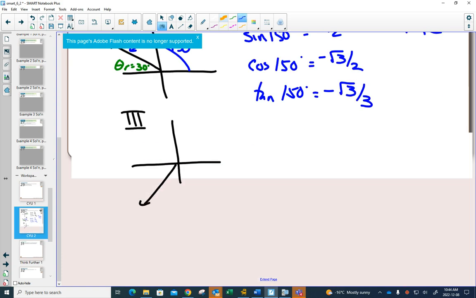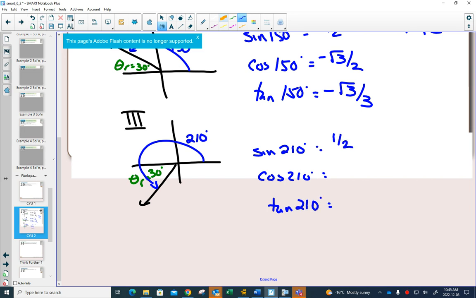We draw an angle in quadrant 3 with a reference angle of 30 degrees. The actual angle, 180 plus 30, would be 210 degrees. And so we can now do sine, cos, and tan of 210 without our calculator.